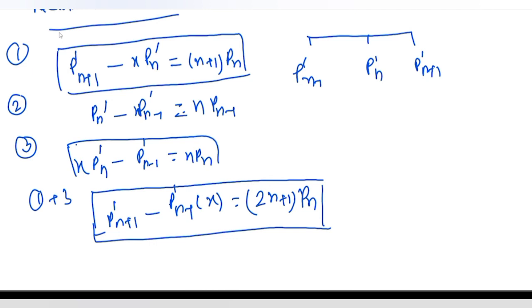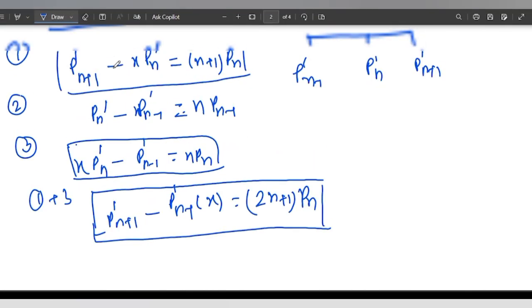You can use these 3 polynomials to get the other recurrence relation polynomials.